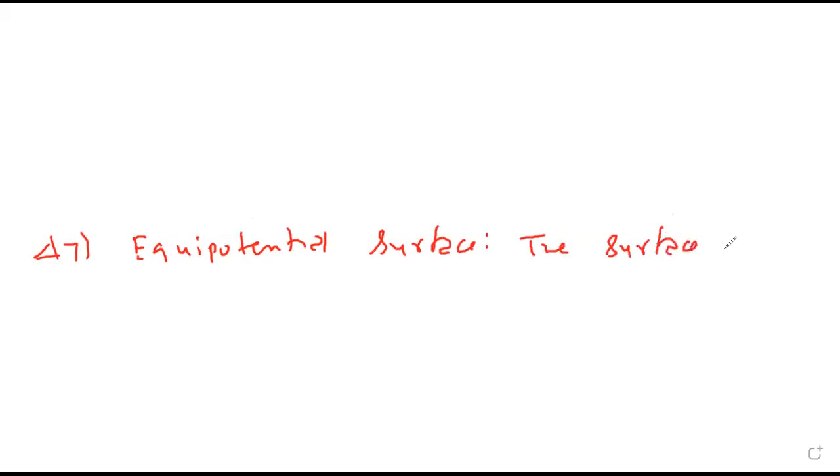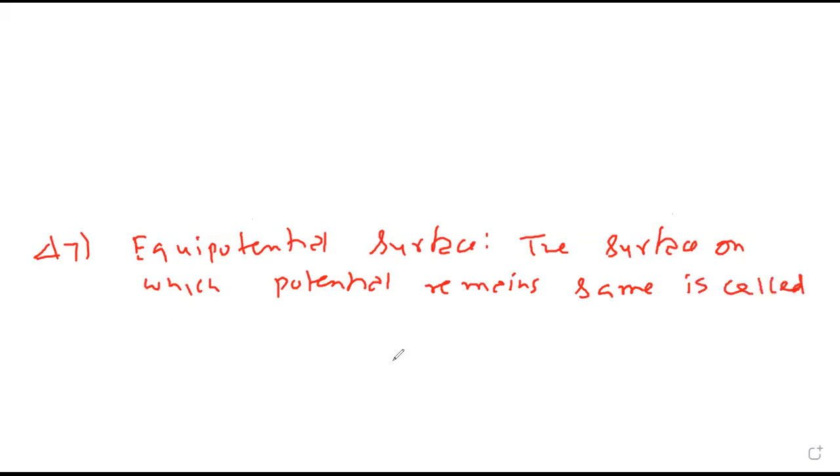So, equipotential surface. The surface on which potential remains same is called as equipotential surface.